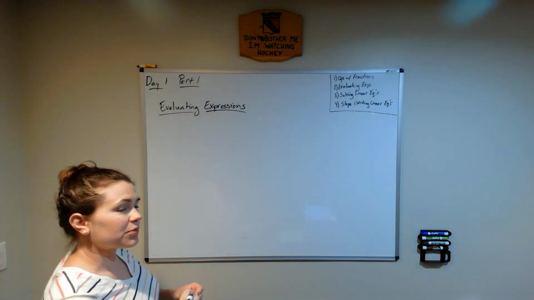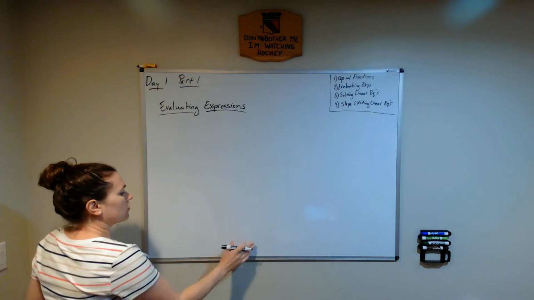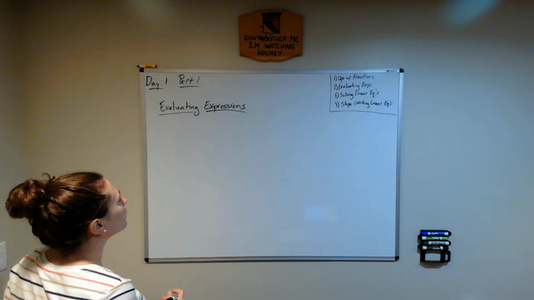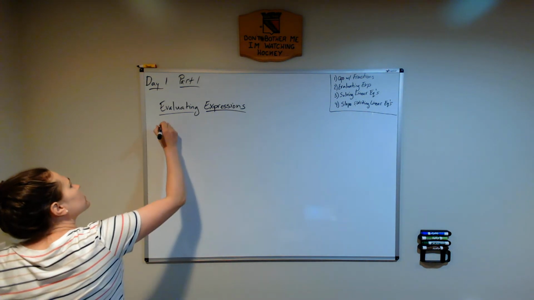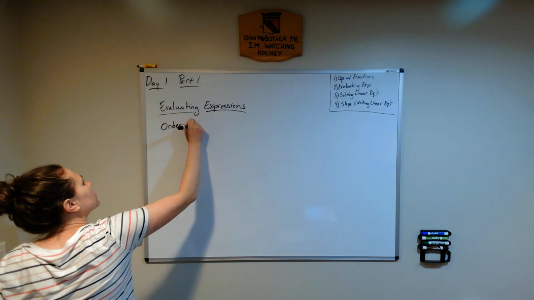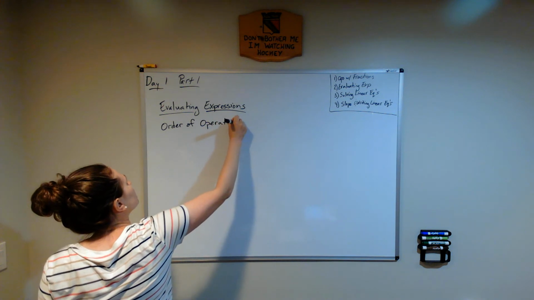Let's make sure we do this without the use of a calculator. We're just trying to work on our number sense, working with numbers without using a calculator, working with our fractions. So let's remember, when we have an expression, we need to make sure when we are simplifying and evaluating that we are following our order of operations.